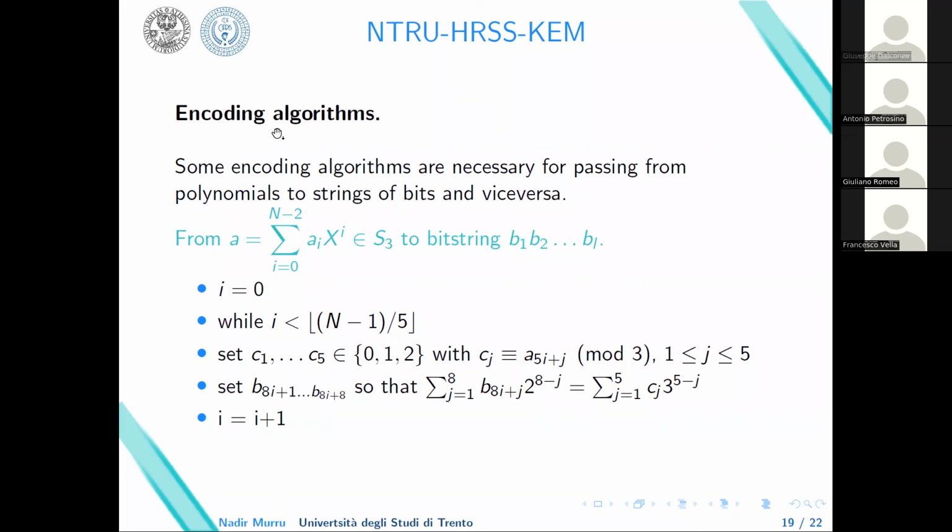The encoding, I mean the encoding for passing from polynomials to strings of bits and vice versa, since in the NTRU scheme we always work with polynomials, but usually plain text and ciphertext are strings of bits. So you need some encoding algorithms. This is the version provided in the HRSS version.